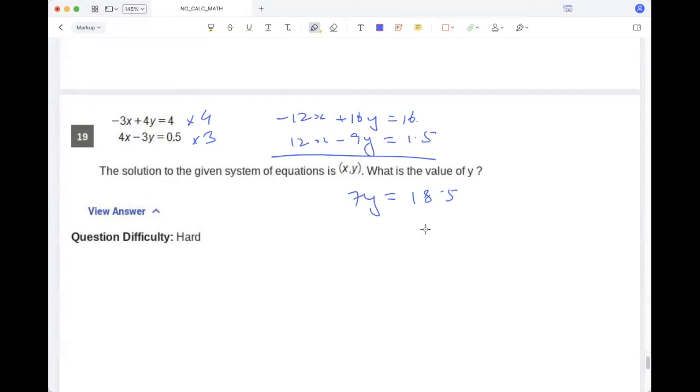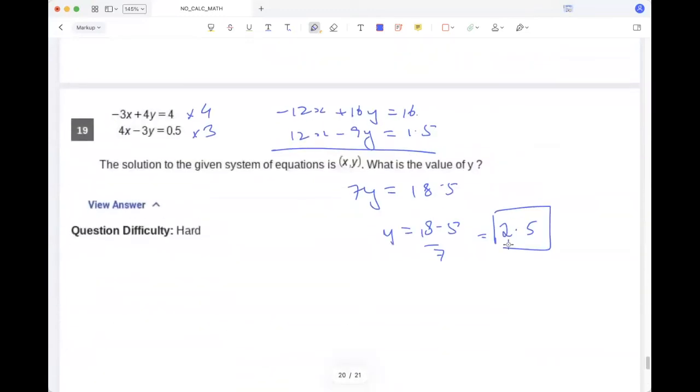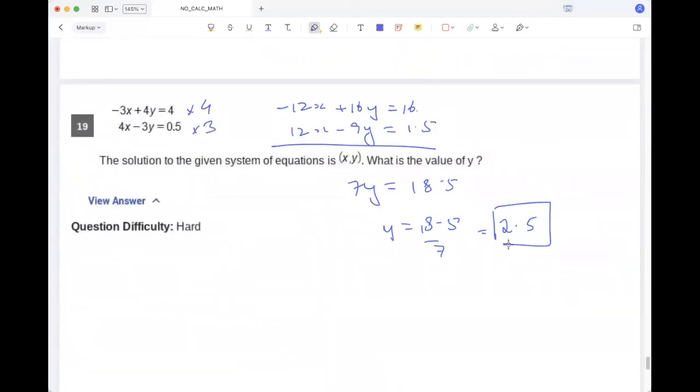Okay, so y is 18.5 by 7. So 7 into 2, 14, and 7 into 5. So 2.5. Wait, 7 into 2, 14, right? Not 2.5 then. 7 into 2, 14, 45. 7 into 6, 42, 30. 7 fours are 28, 20.